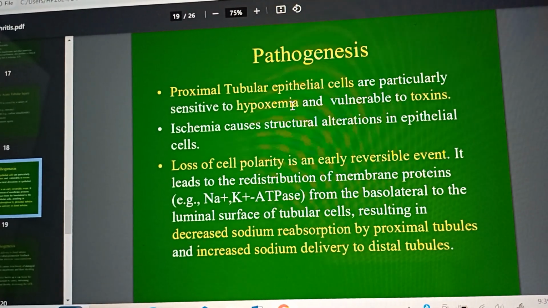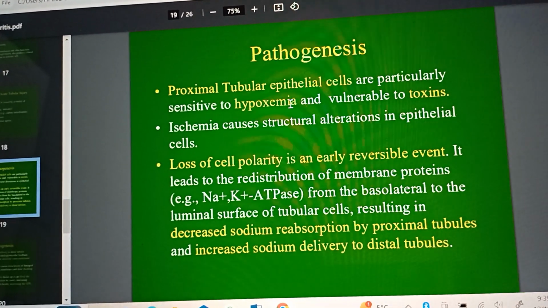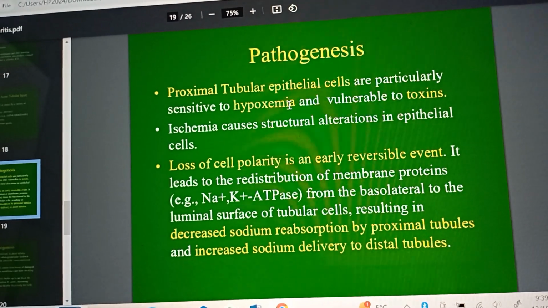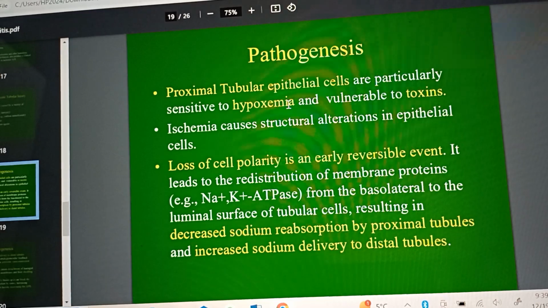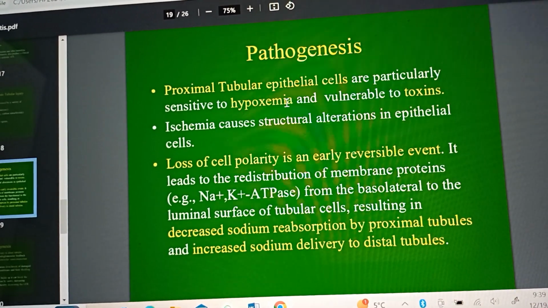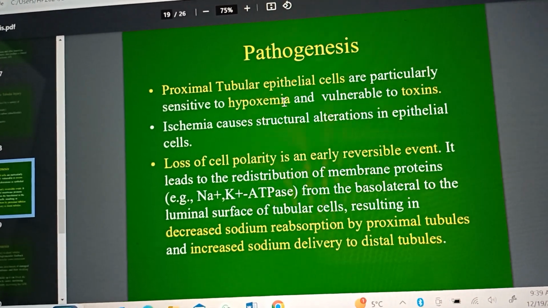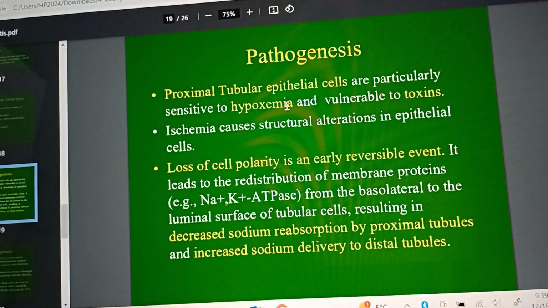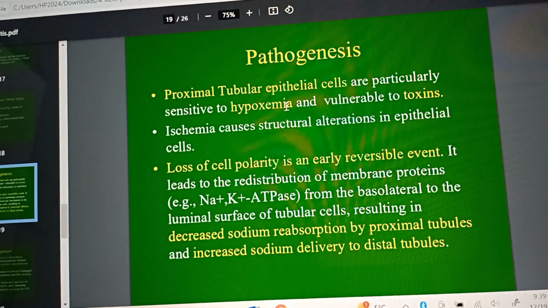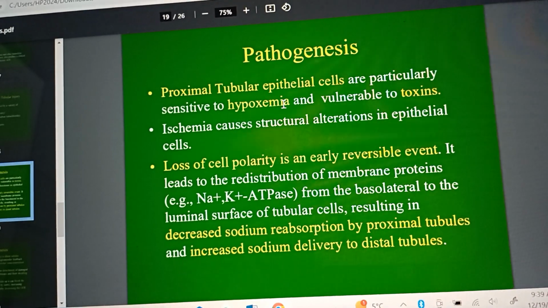Whenever this shift happens, the sodium will not be reabsorbed by the proximal tubule, and more sodium will come to the distal tubule, because the proximal tubules are not absorbing it. Why are the proximal tubules not absorbing it? Because there is a loss of polarity.